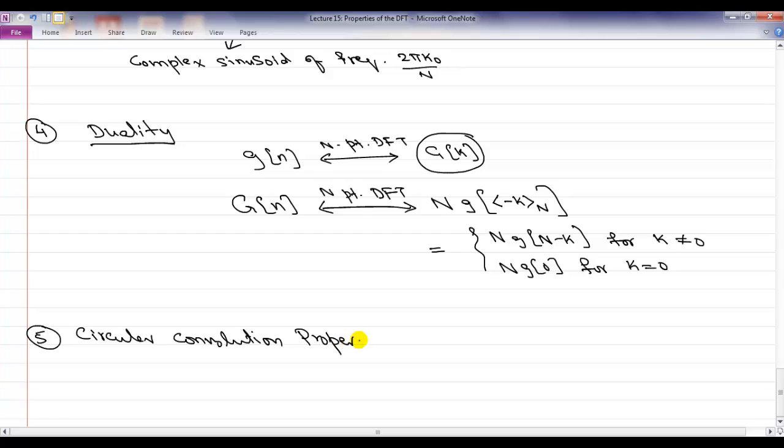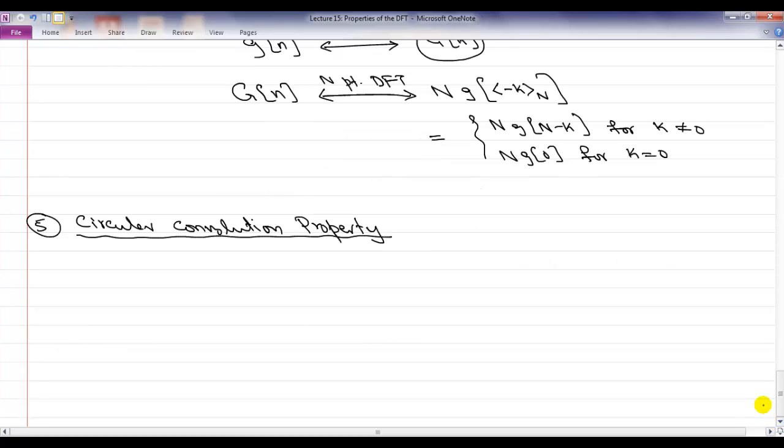And just like the circular time shift, before we can describe that property, we need to understand what circular convolution means. Okay. So unlike linear convolution, which can be defined between any two sequences, they can be infinite length, for our purposes we are going to define circular convolution between two finite length sequences.